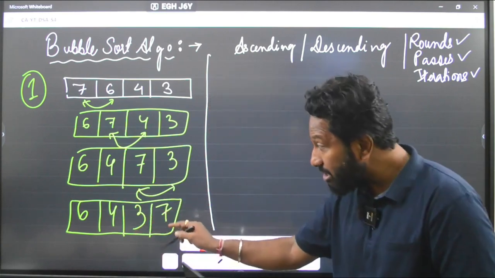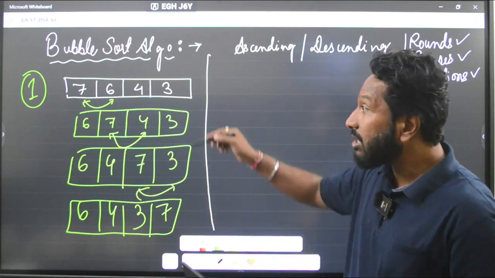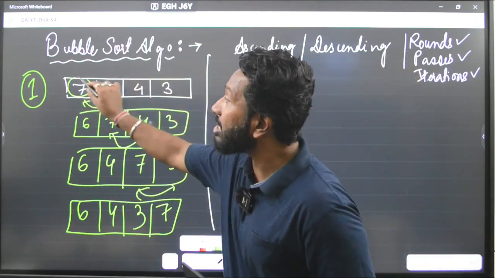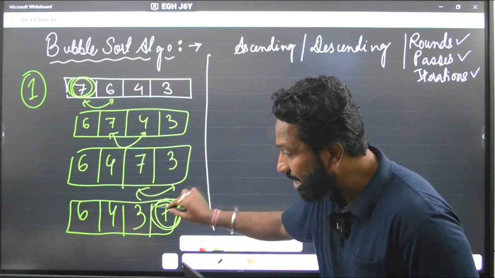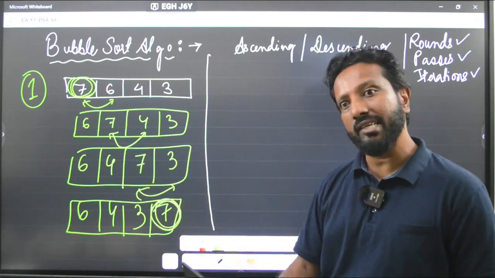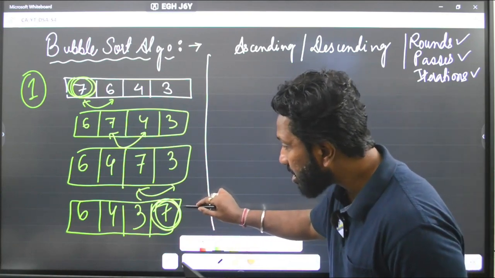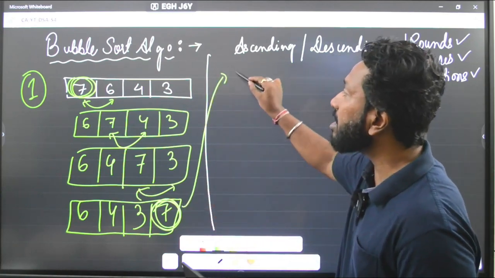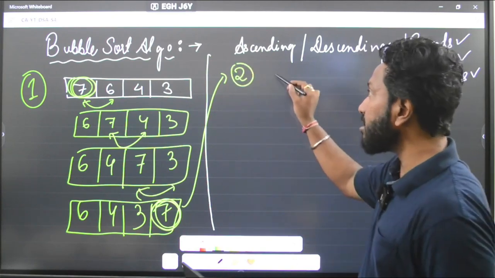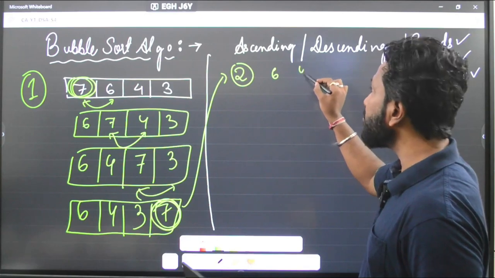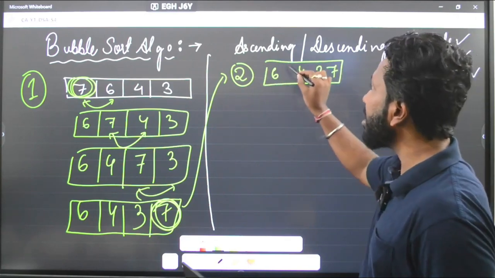Now, this is the first iteration where the largest element goes to the end of the array. Make sense? Now, this whole array will be taken up here for round number 2. Is that clear? Now, see this. I will write 6, 4, 3, 7 and we will continue with the same kind of operation.